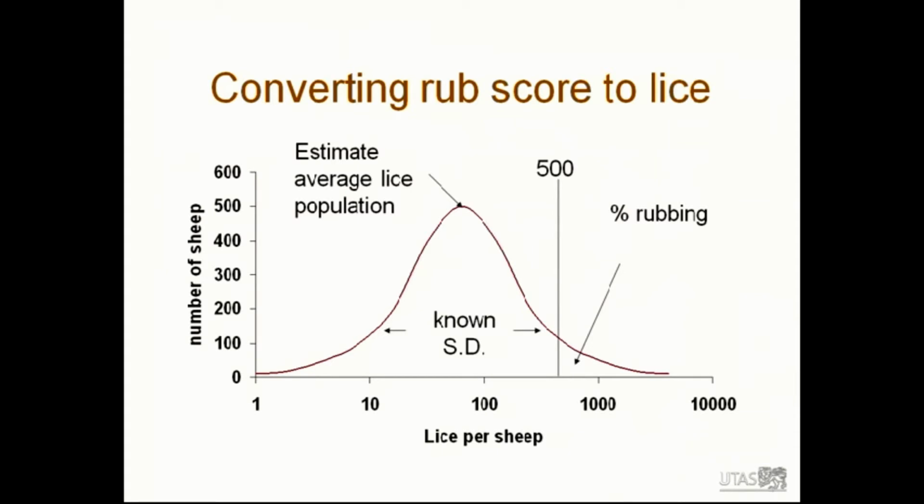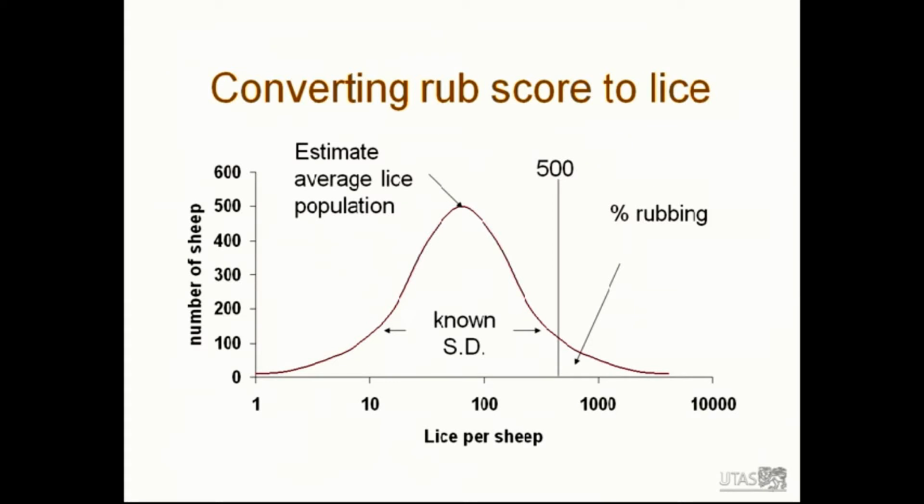So that means if we get an estimate of the proportion of the flock that's in this category out here, we know from a lot of other studies what the standard deviation of this curve is on the log scale, and it's then trivial to estimate what the average lice population is from the area under this part of the curve.